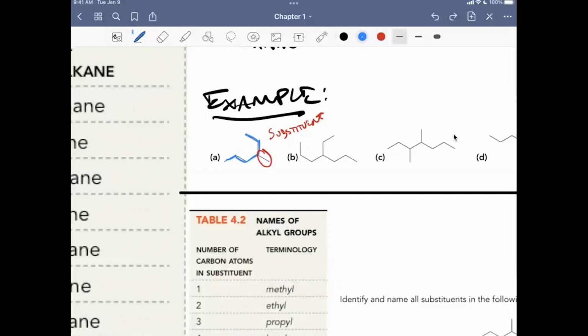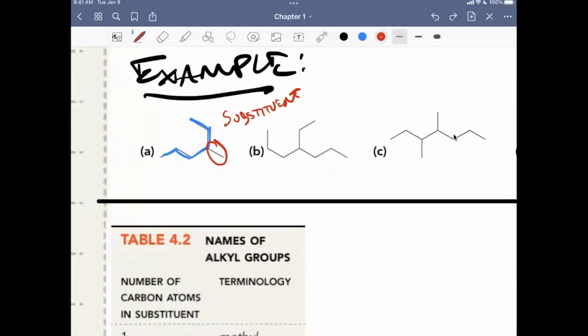Let's try to find the parent chain in this next one right here. Again, feel free to pause it if you want a little bit of time on this. I would start right here. So let's label that 1, 2, 3, 4, 5, 6, 7. That looks like it would be the longest chain of carbons we could do, because going that way we would only have 6.